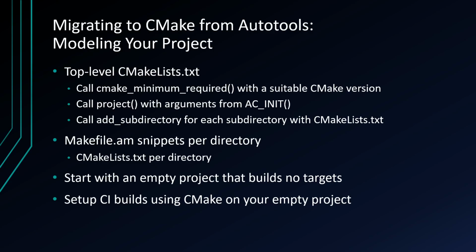And you can build that, and it should build successfully. So you could check this in and get your CI system running, just to validate that you're invoking CMake correctly to configure your project and then to do a build, and the build will just do nothing. So it's just a good way to get what they call a walking skeleton in place.